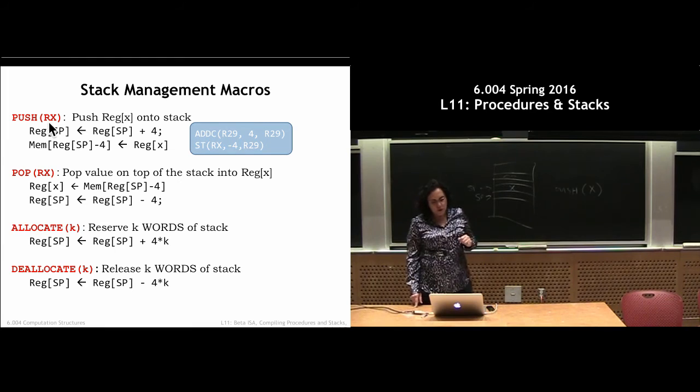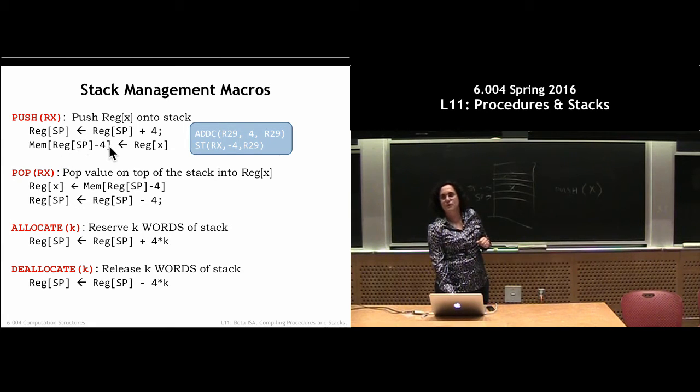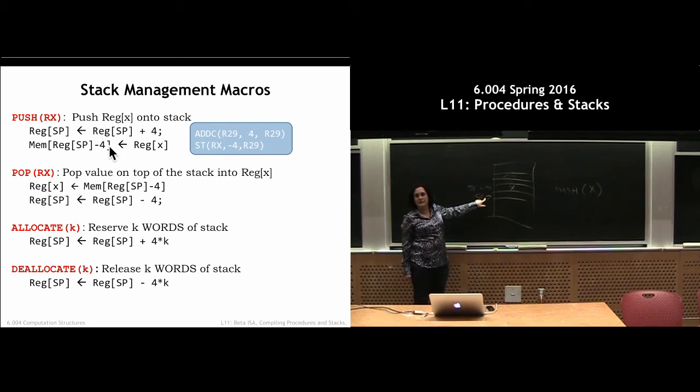Then we're storing the contents of whatever we wanted to push onto the stack into the location whose address is the contents of the stack pointer minus 4. We just incremented our stack pointer to point to here, so I don't want my x to go here. I actually want my x to go here. So I need to subtract 4 from that and store it there.